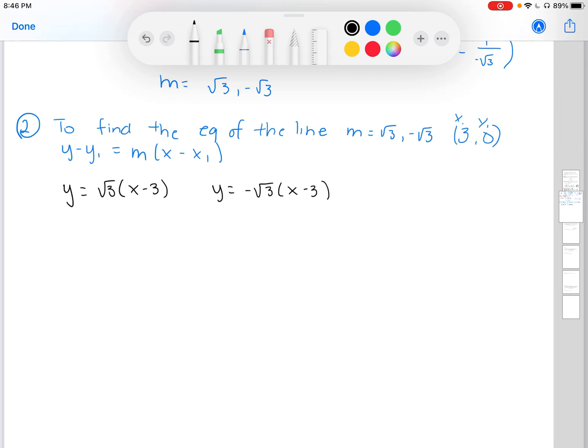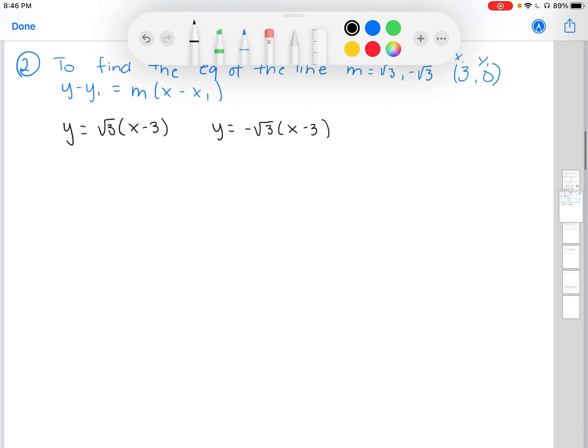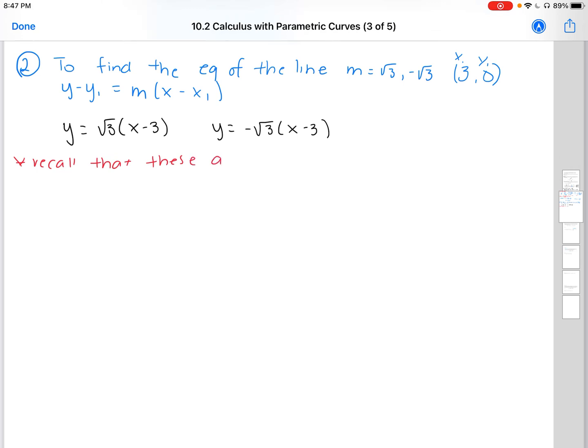What does a tangent line give you? So recall that these are the equations of our tangent line at 3, 0.